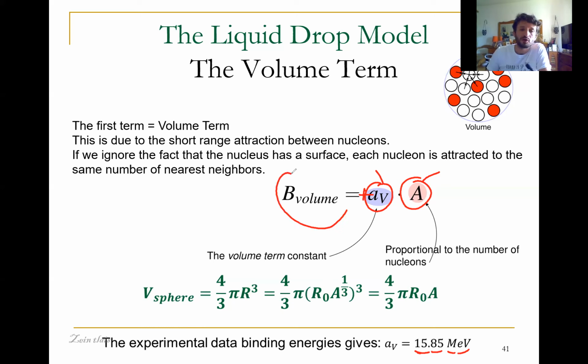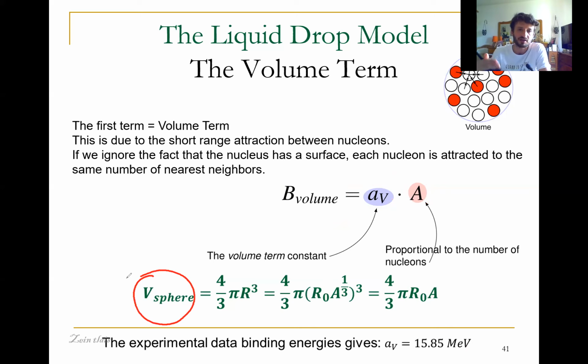Why does B volume depend only on A? Because in general the volume of a spherical object equals 4 divided by 3 pi r cube. We put r equals r0 A to the 1 over 3.